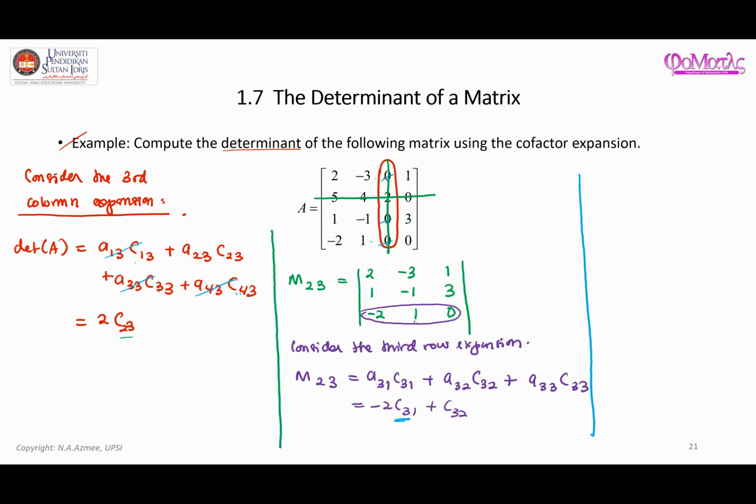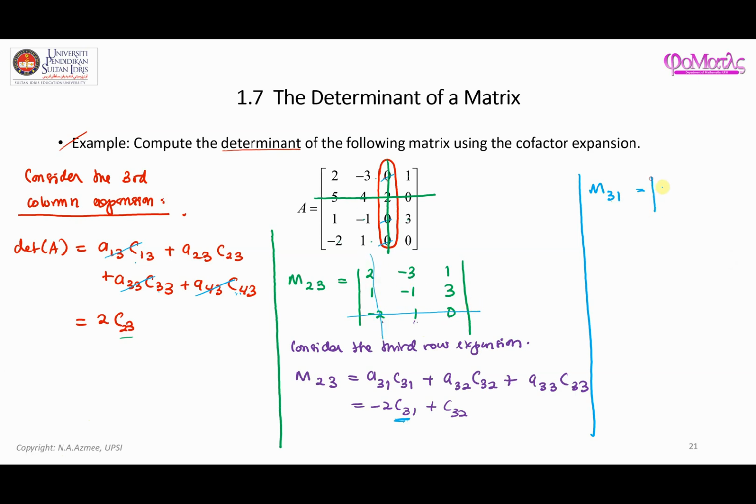In order to find C31, we need to find M31. To get M31, you need to delete the third row and the first column of this matrix here.